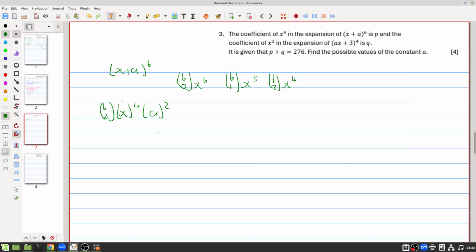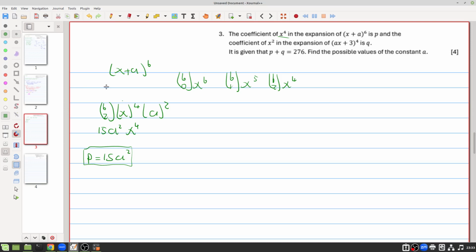Good. I guess that's going to be 15a squared x to the power 4. That's the third term. Okay, so they say the coefficient of x to the power 4 is p. So we know that p equals 15a squared, because that's the coefficient of x to the power 4. So there's our first bit of information. Now we can do the same thing for the other expansion.